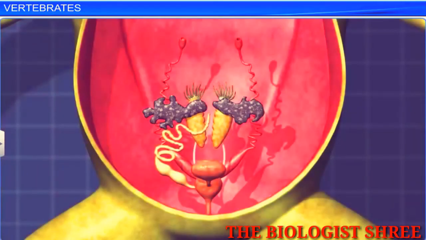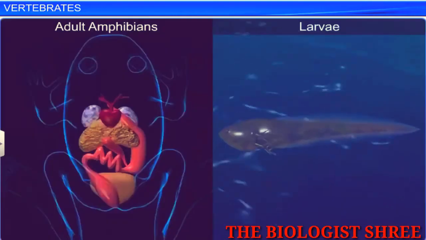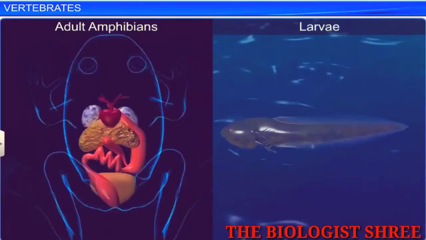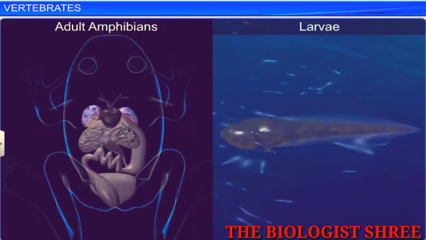In amphibians, the alimentary canal and urinary and reproductive tracts open into a common chamber called the cloaca, which opens to the exterior. Adult amphibians breathe through lungs and skin, while the larvae breathe through their external gills.